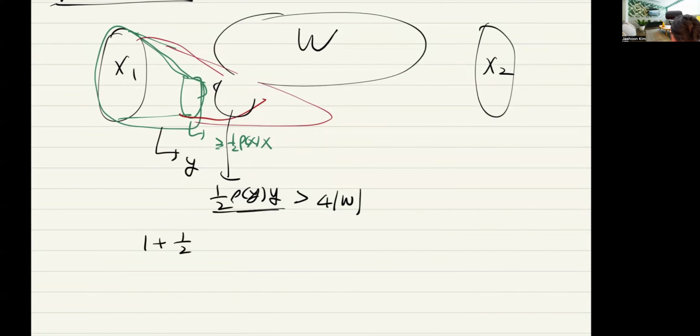So each time it's actually expanding this way.